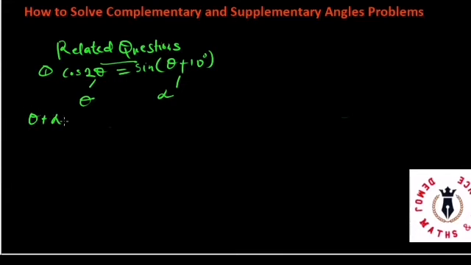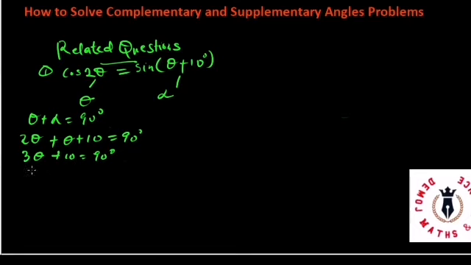That implies that theta plus alpha in complementary angles is equal to what? 90 degrees. So I'm saying that 2 theta plus theta plus 10 is equal to 90 degrees. So that 2 theta plus theta, that's 3 theta plus 10 is equal to 90 degrees.